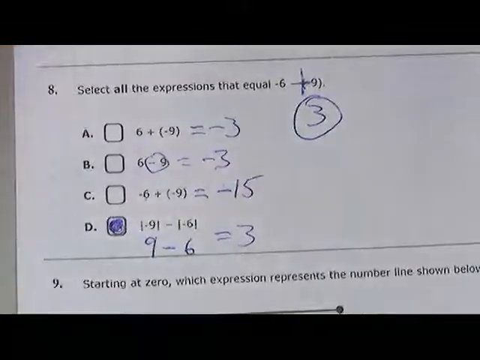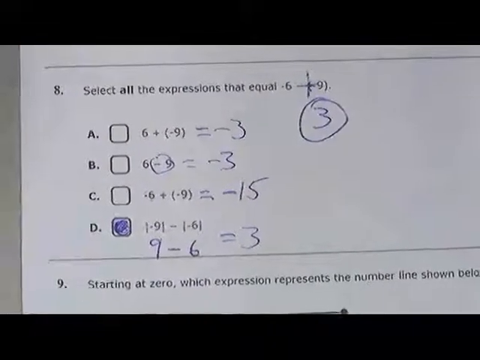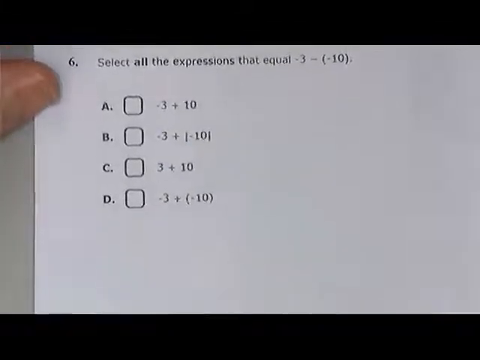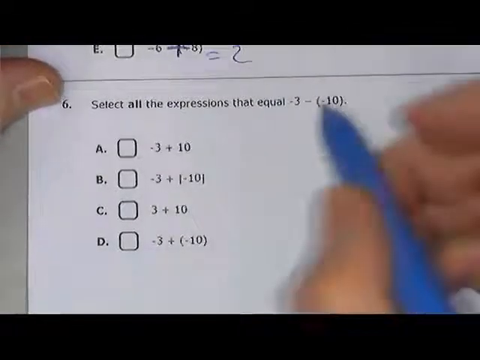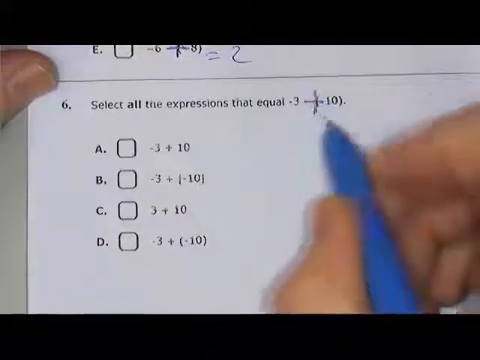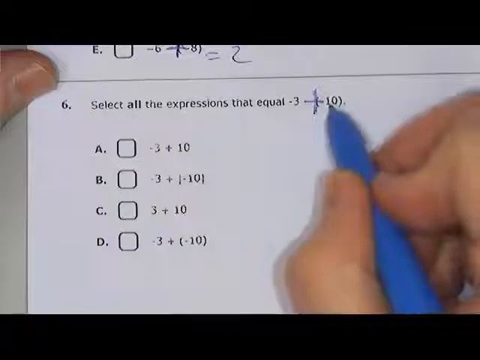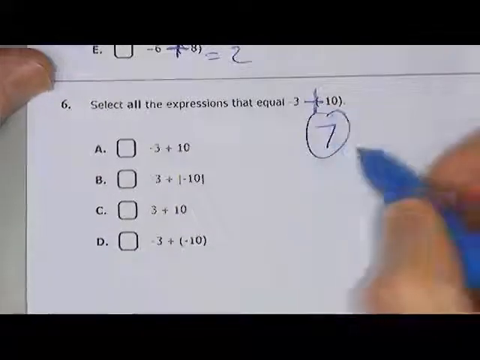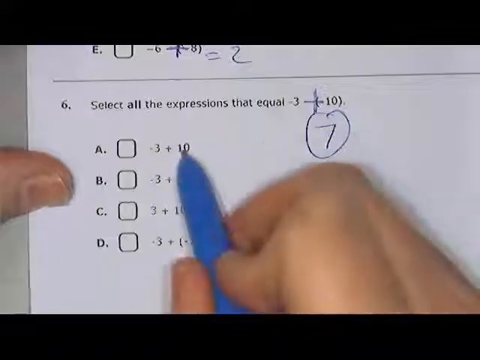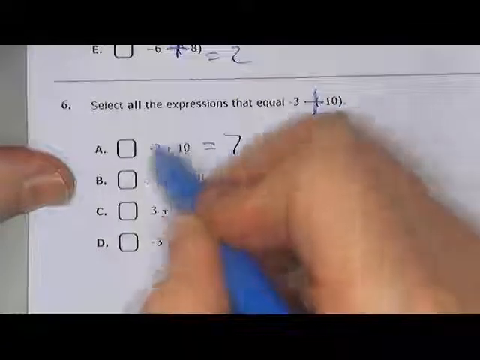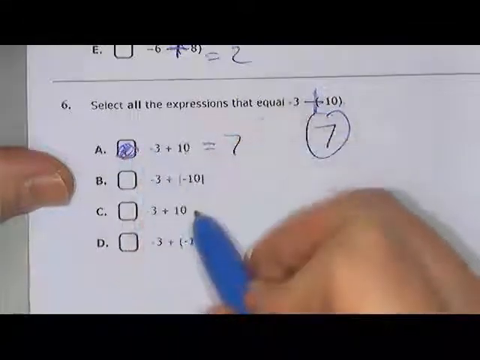All right, let's do another one like this. This makes a big plus. So you have 10 positives and 3 negatives. That would give us +7. Which ones equal 7? This is like 10 minus 3. That's 7. Let's see.